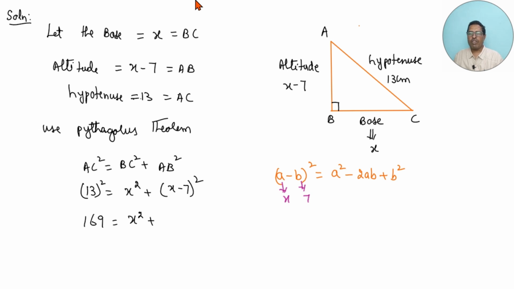So wherever you have a, put x, wherever you have b, put 7. So let us see what happens. A square, x square, minus 2 into a value x, b value 7, plus b square, 7 squared.